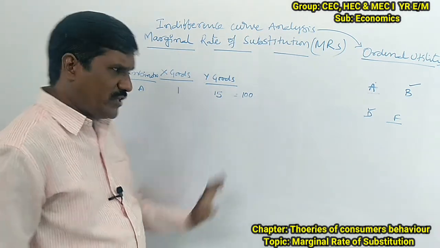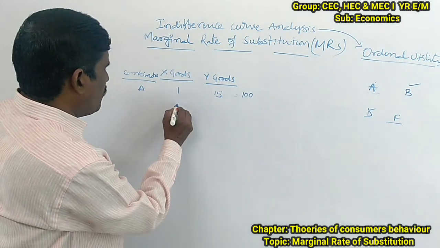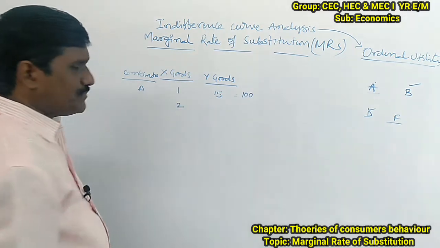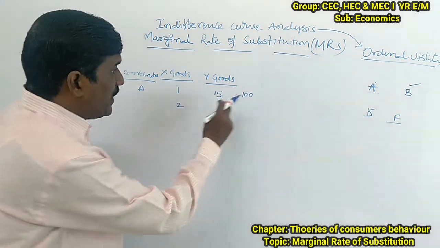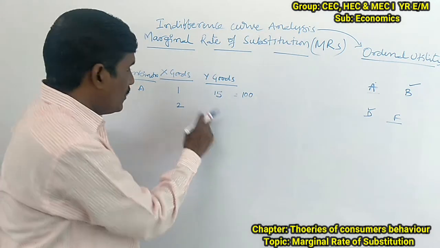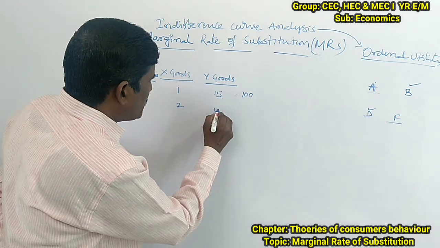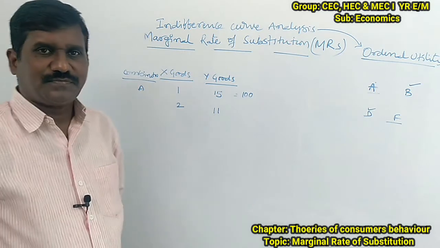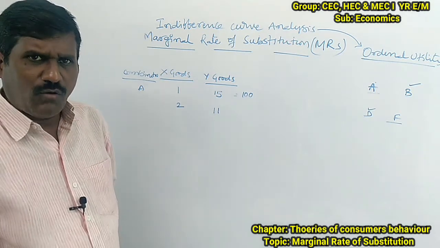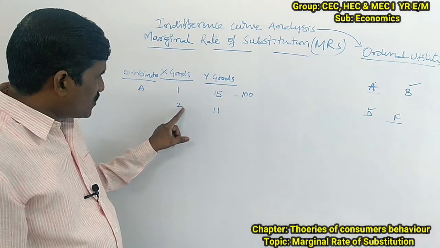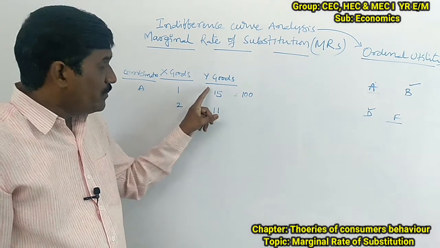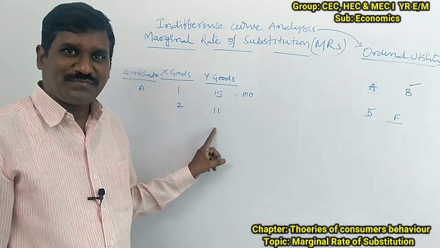He is very happy. Then suppose he wants to increase the X good, he should reduce the Y good. For example, this is 11. If they want to increase the X good, they should reduce the Y good.